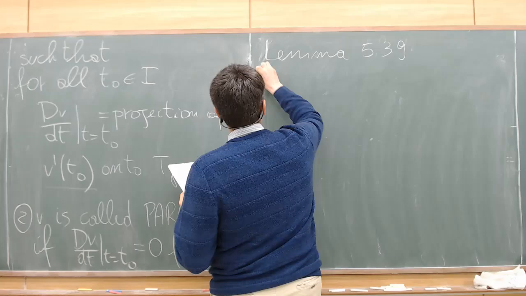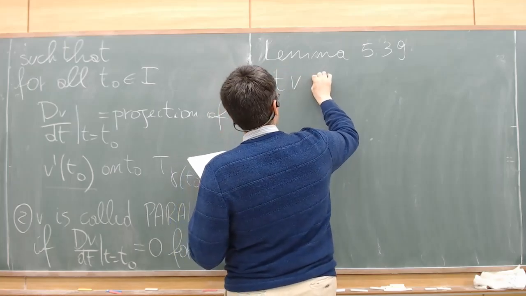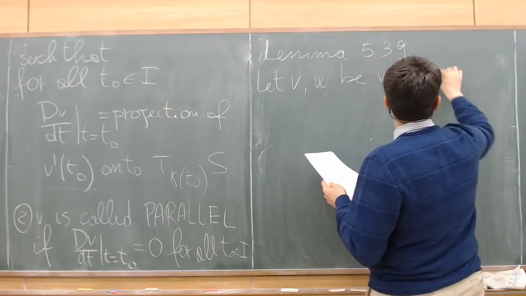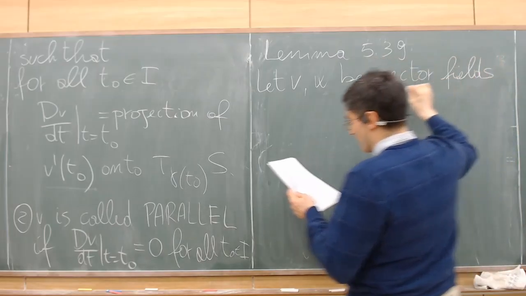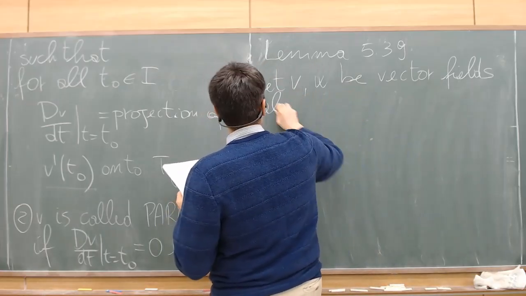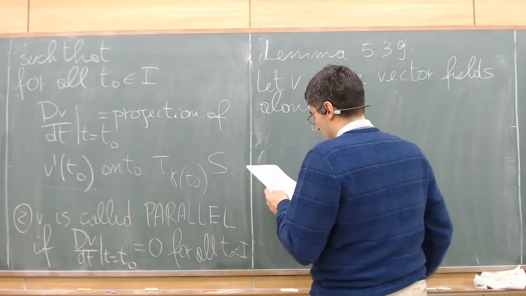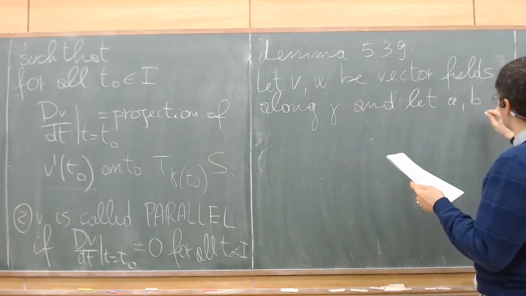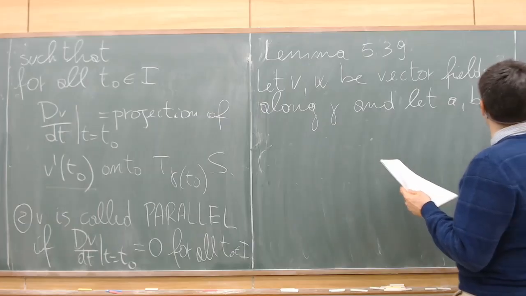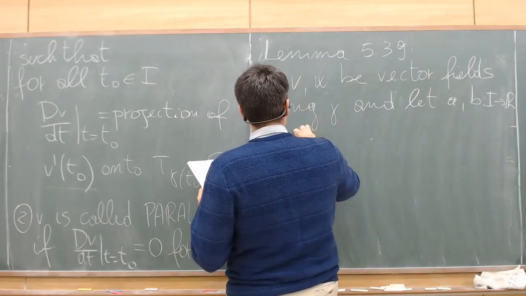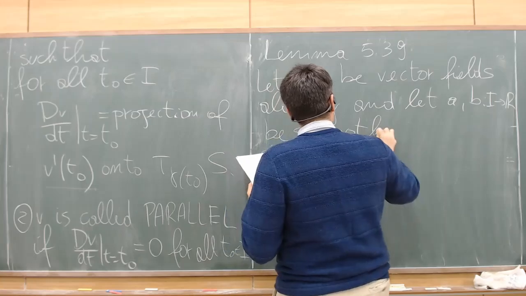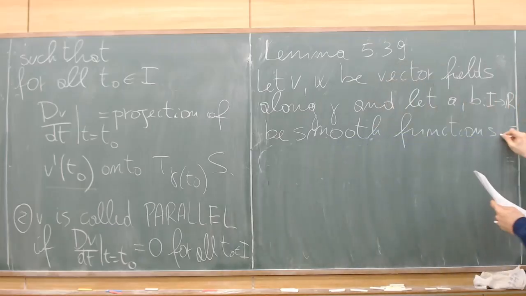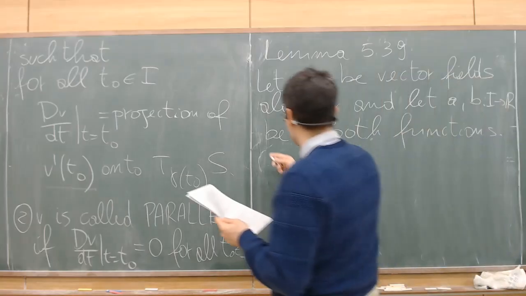So let V, W be vector fields along gamma, and let A, B be smooth functions with values in R. So we have the following: 1.